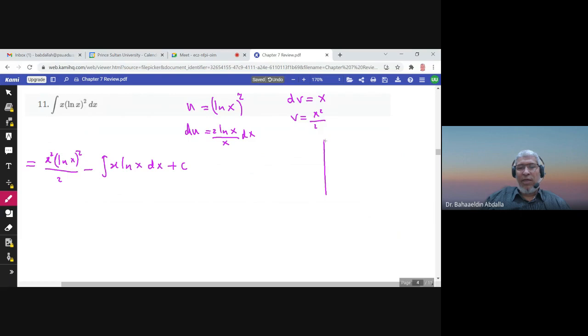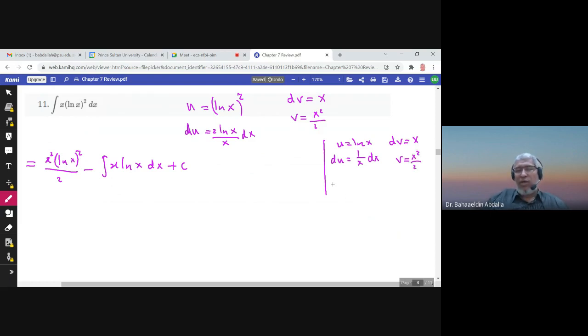I can do it also by parts. So u would be equal to ln x, and dv is x. So du is 1 over x dx, and v is x squared over 2.